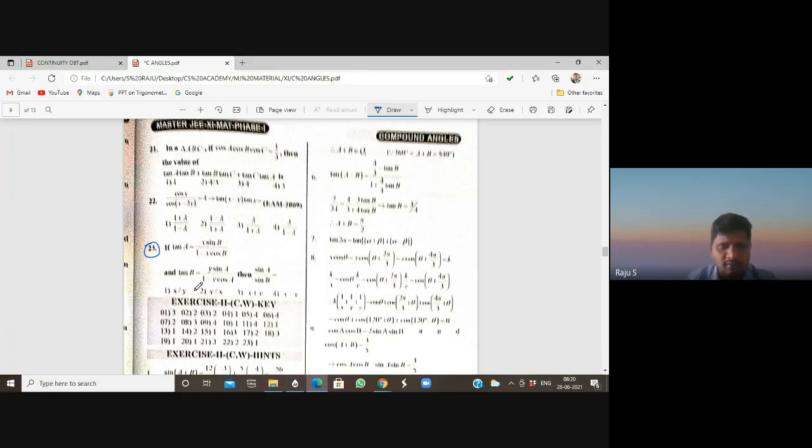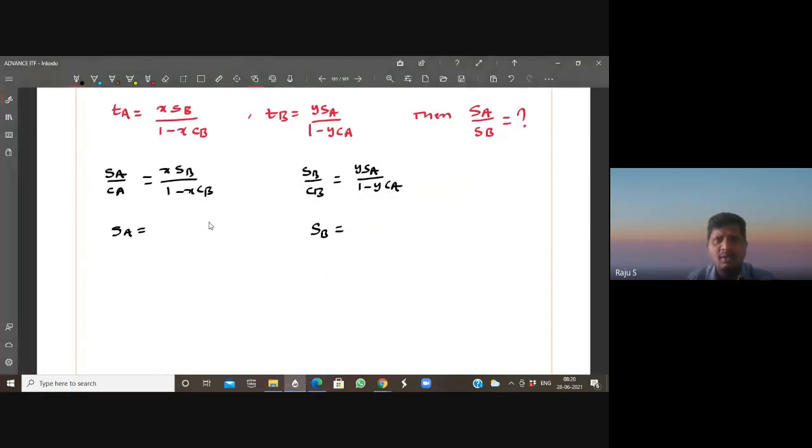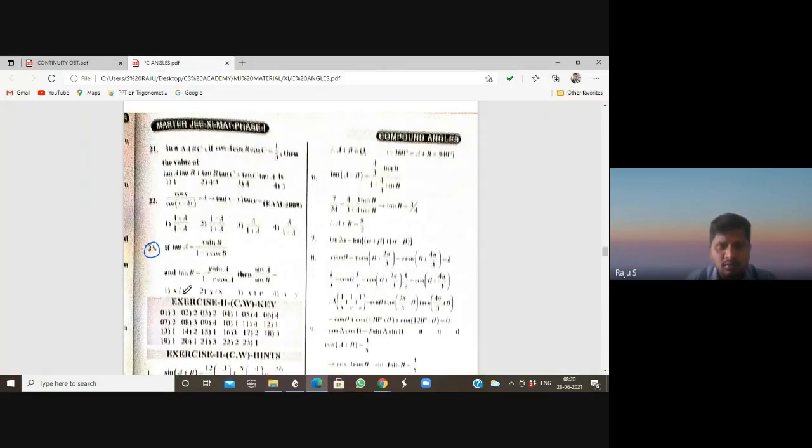Simple. In this case, what to do? Same. You can find the x value and y value, then x by y. To find that, you can cross multiply here. All of you cross multiply. When you cross multiply here, you are going to get. Depending on the options, you have to see x by y or y by x. So what to do here?